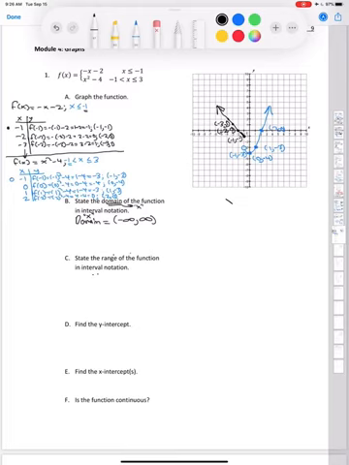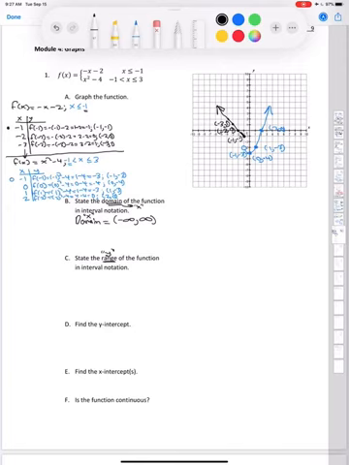Now range are the y values, right? Range is where the graph takes place on the y-axis. So we want to ask ourselves that question. Where are the y values? Now I always like to look from bottom up. I always look at the smallest range value. What's the smallest y value? So domain are all the x coordinates from all these points in the graph.